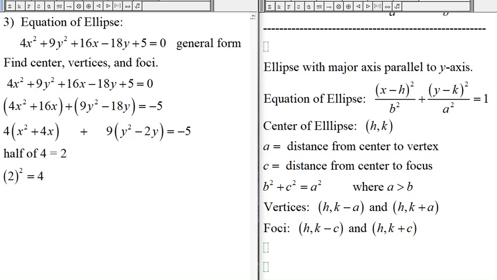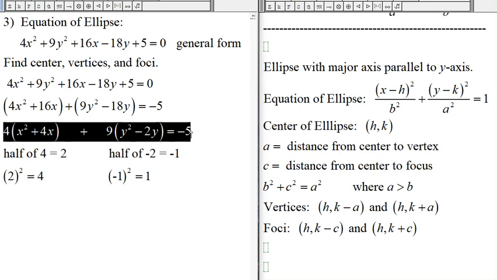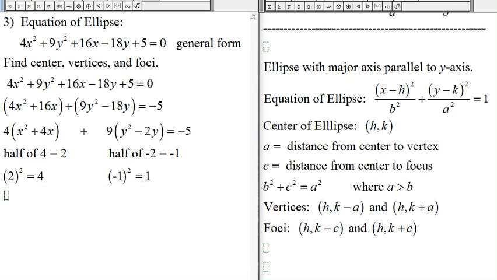And then same thing here, take half of negative 2, which is negative 1, and then negative 1 squared is 1. Then next, we're going to add the 4 to the first group, and then add the 1 to the second group.